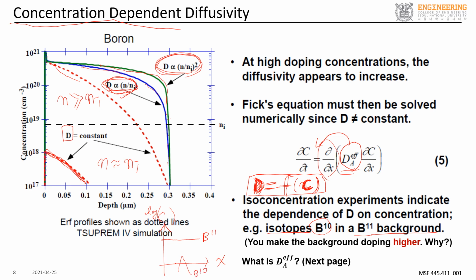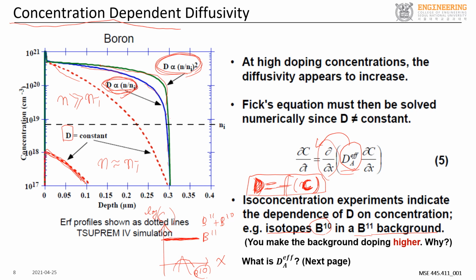And you let them diffuse. B10 will diffuse, and this is much smaller than the B11. So overall, the concentration for B11 plus B10 will still be just like this, which is flat.